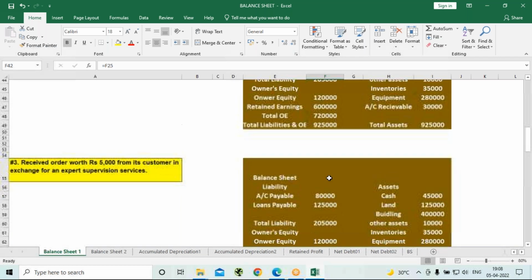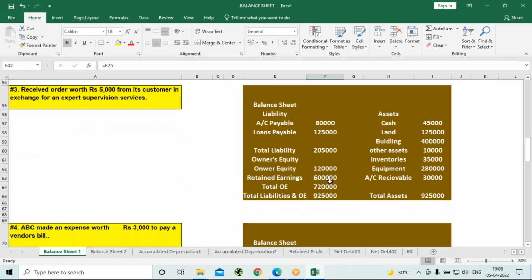So now we'll try the next one. Received an order worth rupees 5,000 from its customer in exchange for expert supervision services. So here it might be confusing.